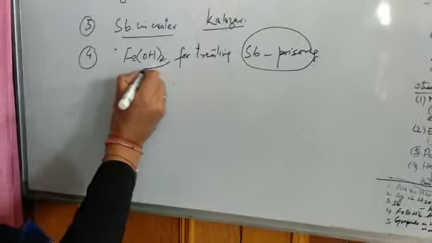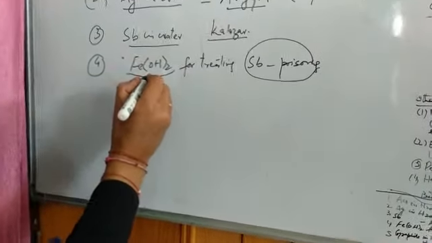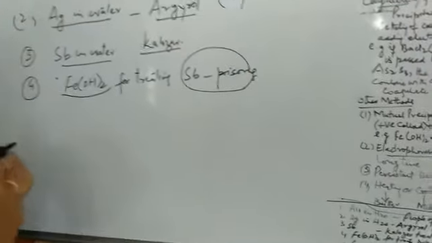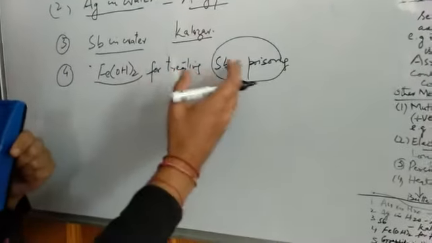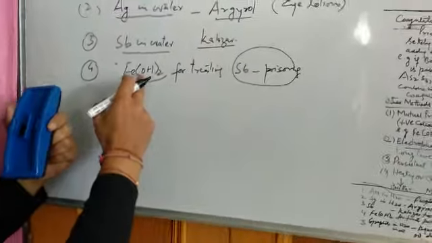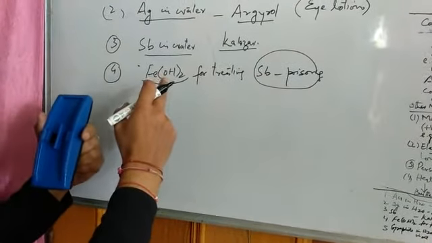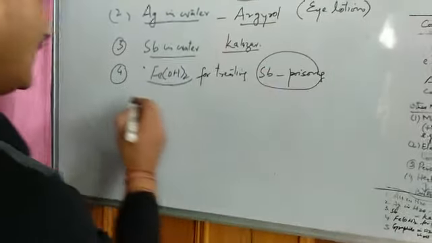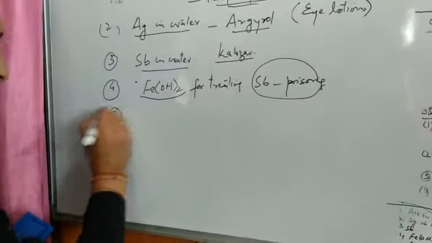This colloid is given to such a patient. What happens when this colloid is given? He vomits the poison. So this colloid helps him in vomiting, and by vomiting the poison comes out and the patient gets cured.